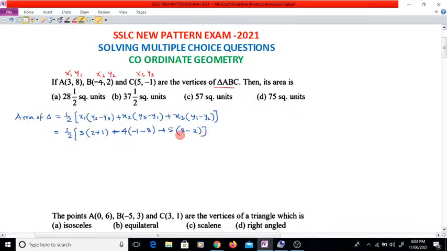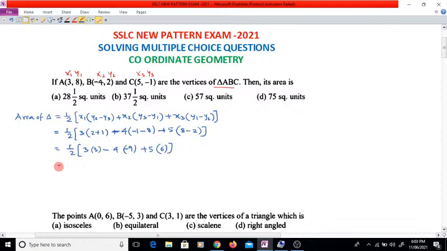So when we substitute, this is equal to 1/2 into bracket 3 into 3 minus 4 into -9, plus 5 into 8 minus 2 is 6.